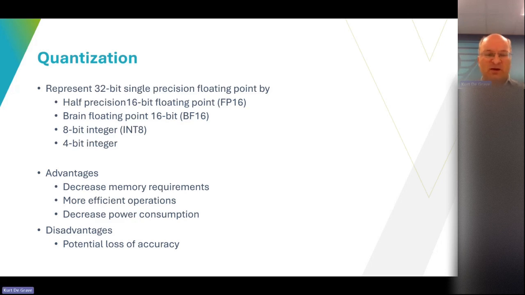But quantization is in general the principle of using a lower precision representation of your previously higher precision numbers. So starting from 32-bit, you can go to 16 bits or 16-bit brain floating point, which spends more bits towards the exponent and less towards the mantissa. So it has a larger range, but a lower precision within its range.